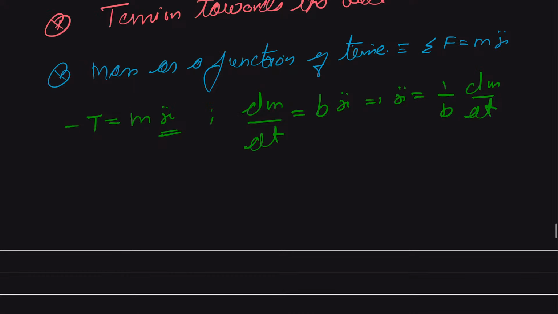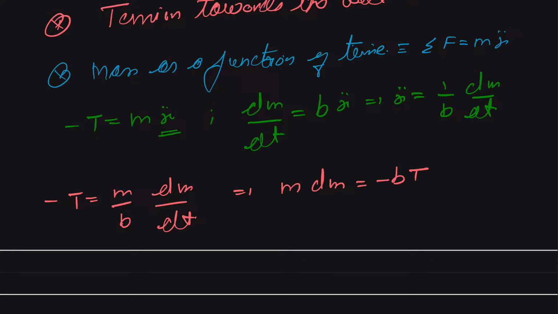Therefore we get minus of T is equal to m upon b, dm by dt. And we can rearrange it. We get m dm is equal to minus bT dt.